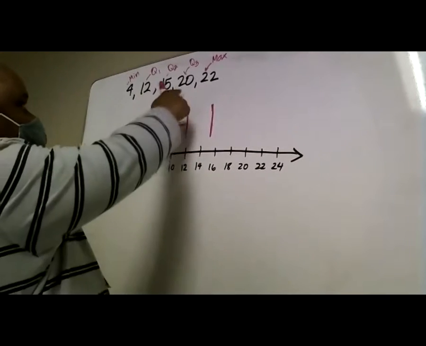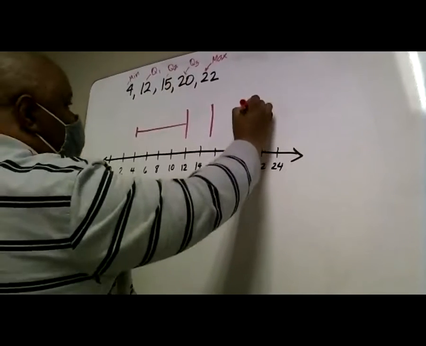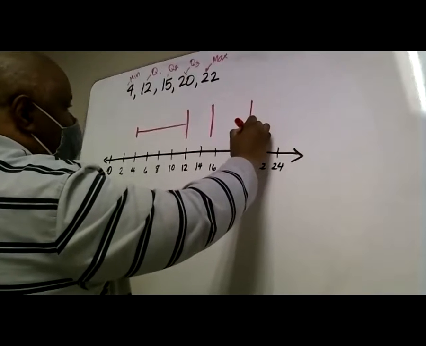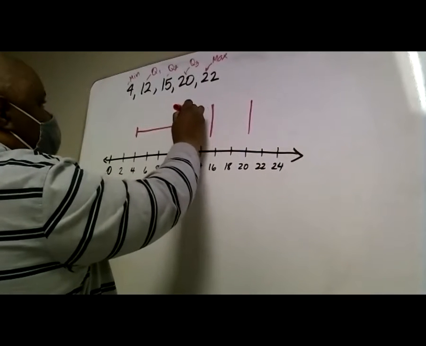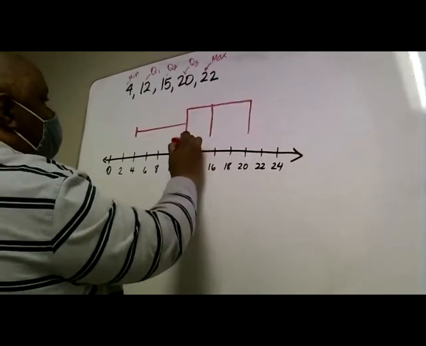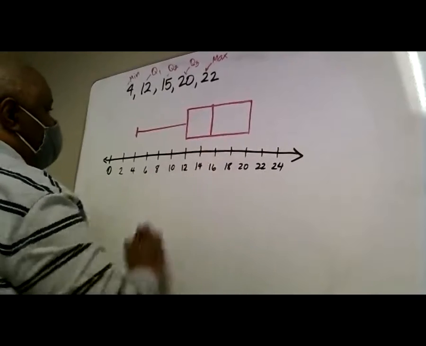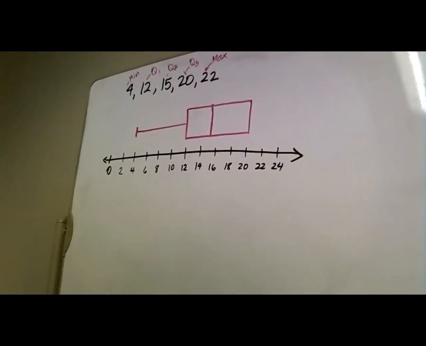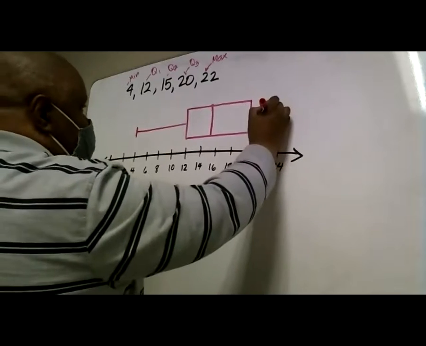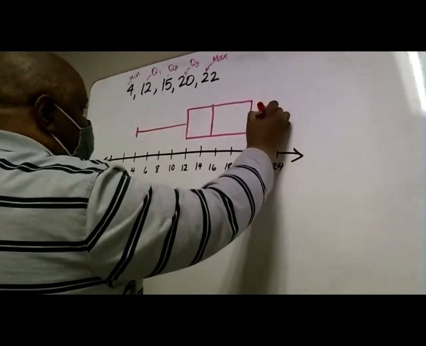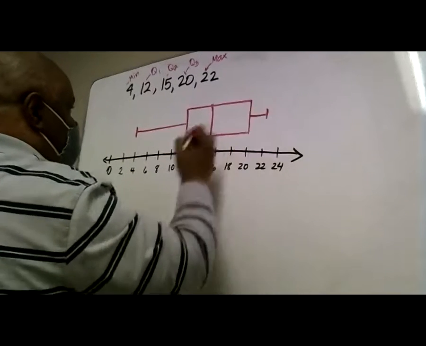And then Q3, that would be 20. Now keep in mind, Q1, Q2, and Q3 make up the box. So there's the box right there. The maximum is 22. So if it's 22, I'm going to draw a smaller line there and connect the whisker to that.